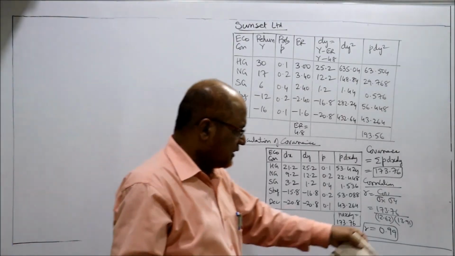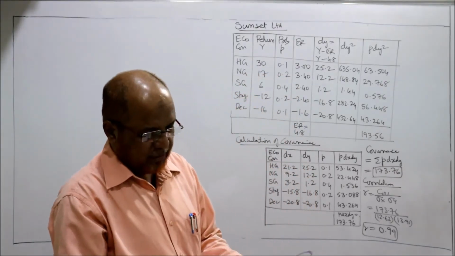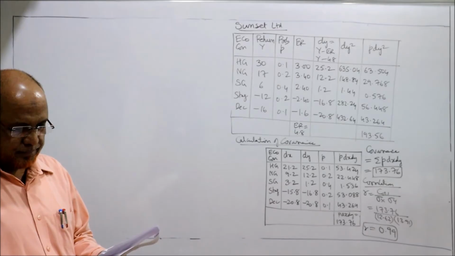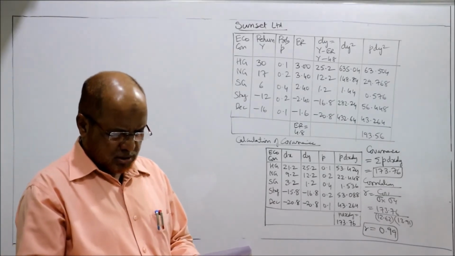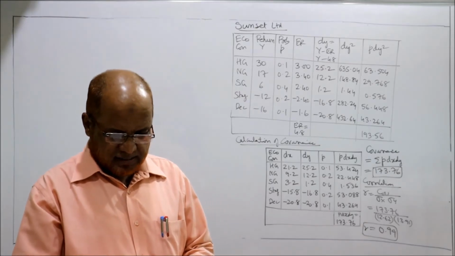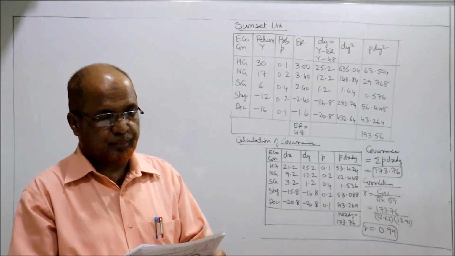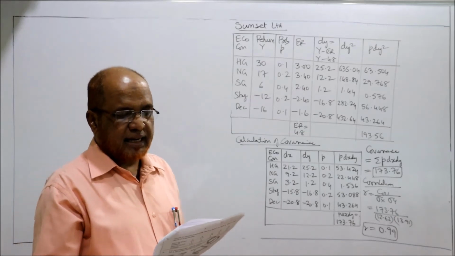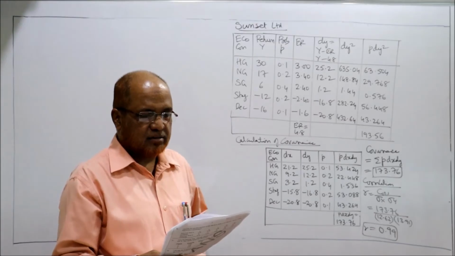Now see the 14th problem. Problem number 14. 13th problem we have done, yes, Sunrise and Sunset companies. 13th we have completed. Now come to 14th problem. The JC Limited and SC Limited have the following joint probability distribution of returns for next year.